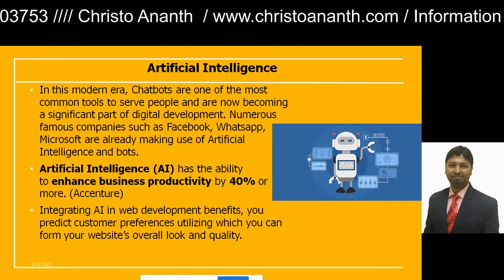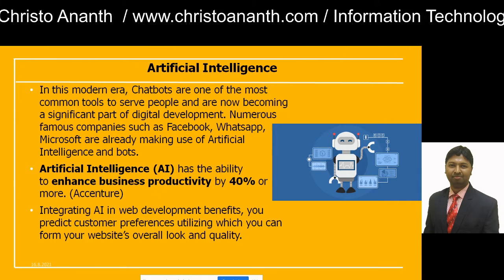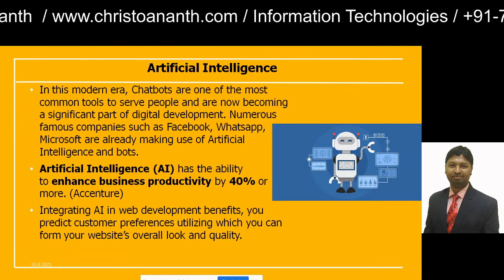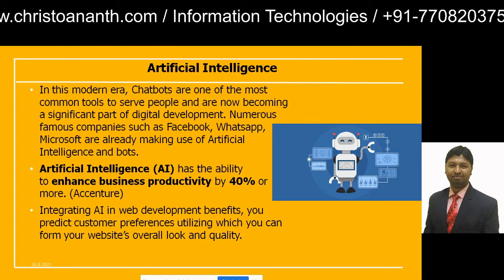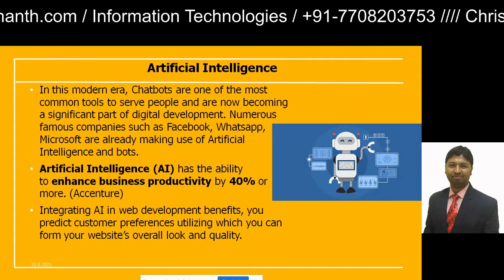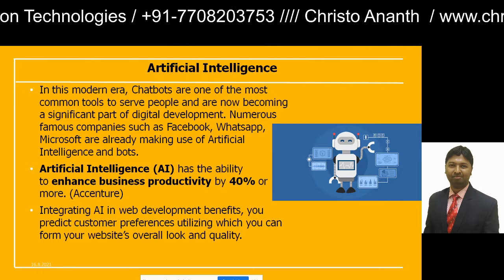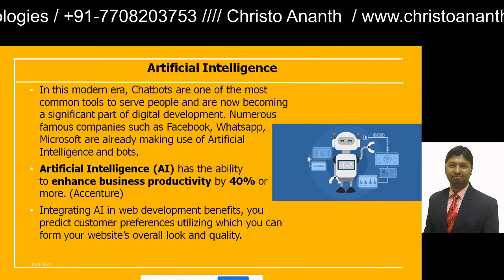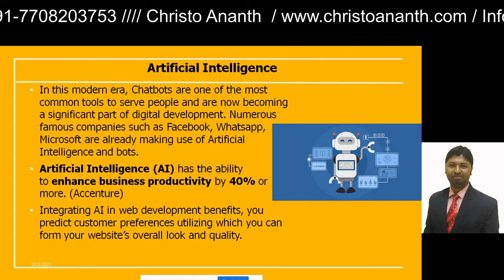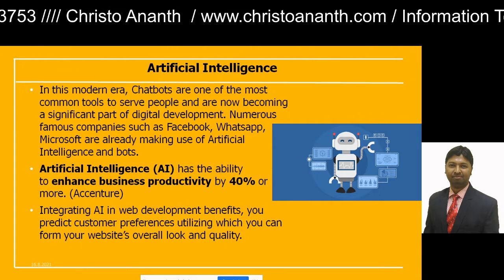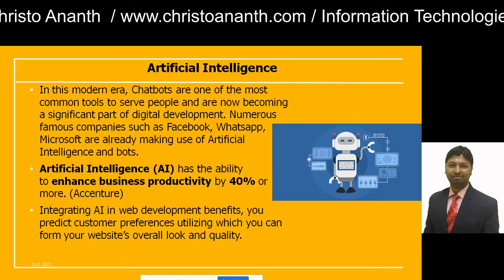Even in the case of Accenture, a popular software company, it uses AI technology and is able to enhance business productivity. And by integrating AI in web development, you can predict customer preferences, utilizing which you can enhance the website's overall look and quality.